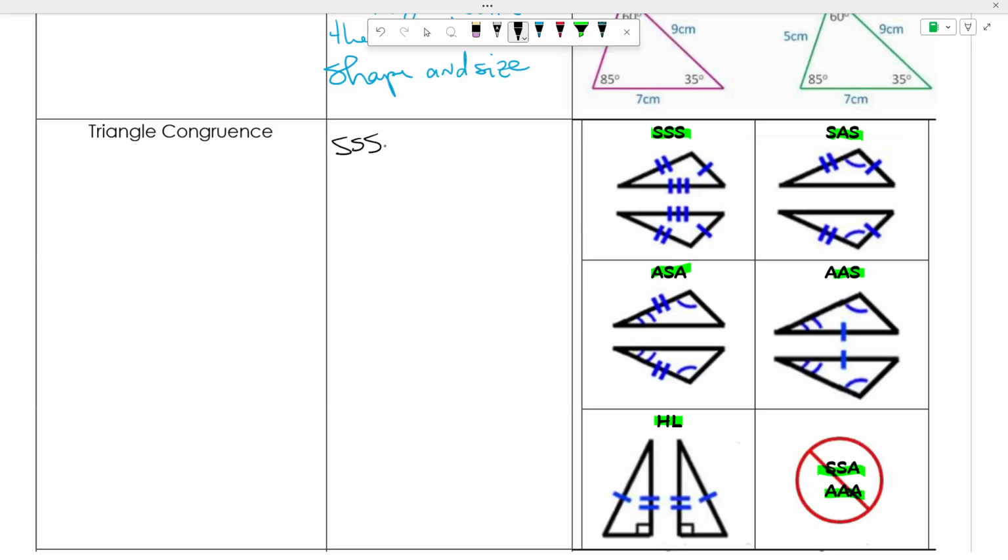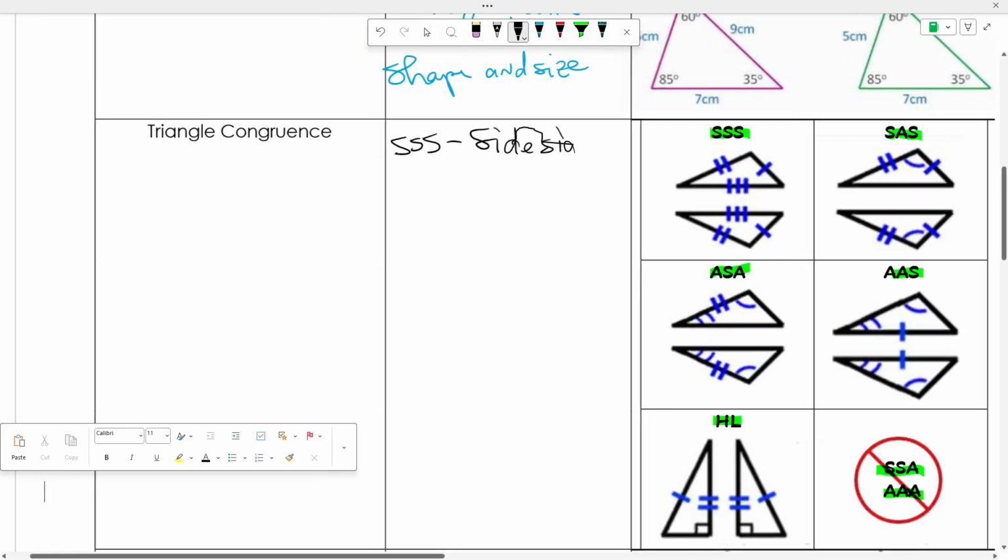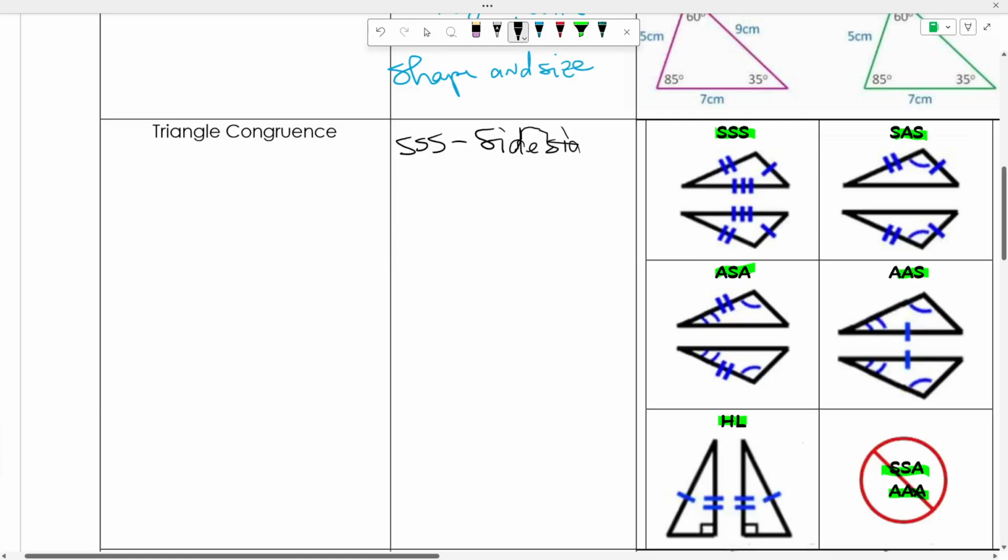SSS means side, side, side. All three sides are congruent. If all three sides of the triangle are congruent to another triangle, then the two triangles are congruent.